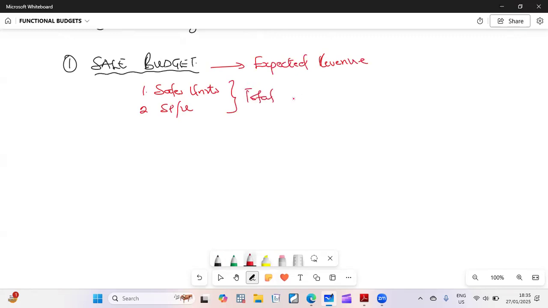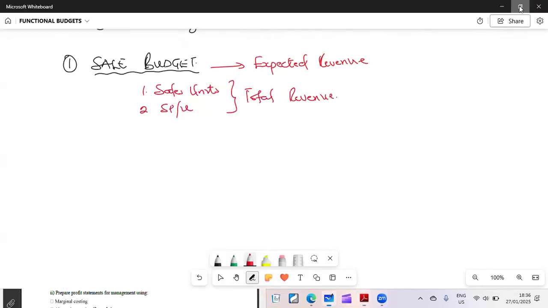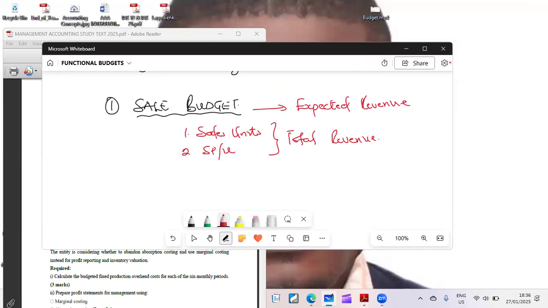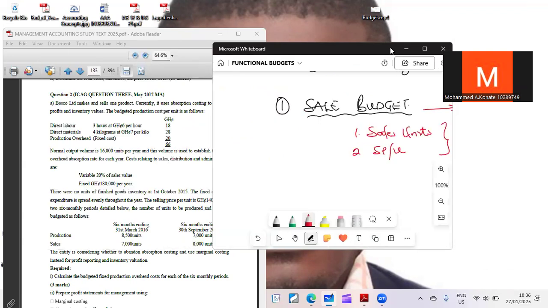So that is how simple the sales budget is. All right. Now, understand that there are certain things that affect the sales budget, some theoretical things, and we will take those from the manual. So now let's go to how we can practicalize, how we can prepare our sales budget from a question. All right. How do we prepare it from a question?